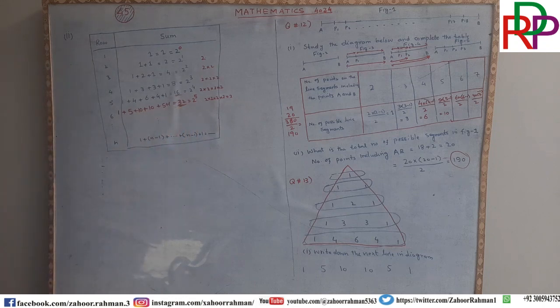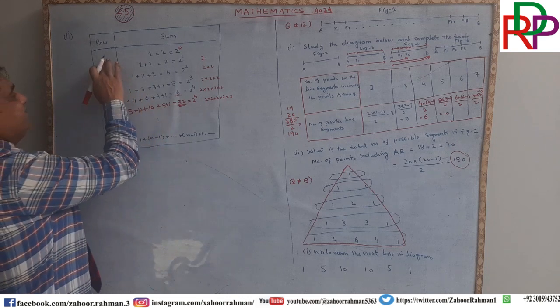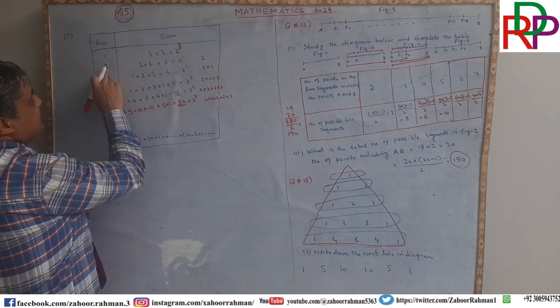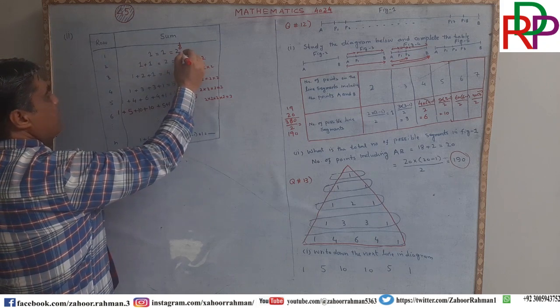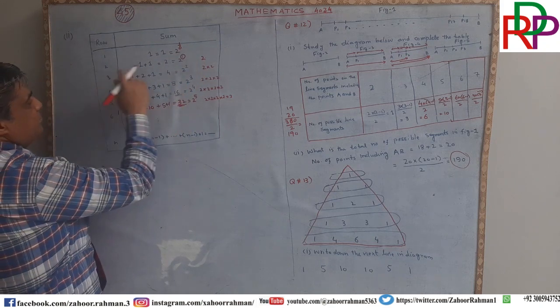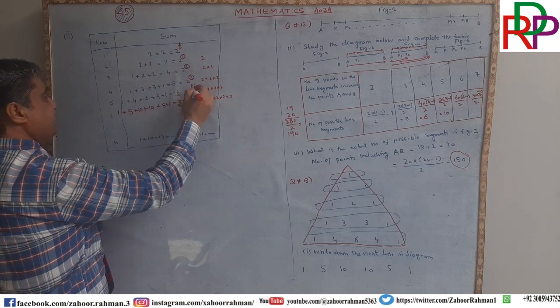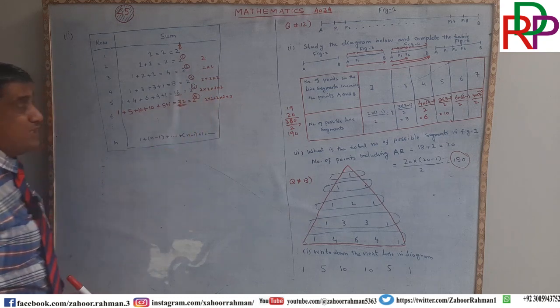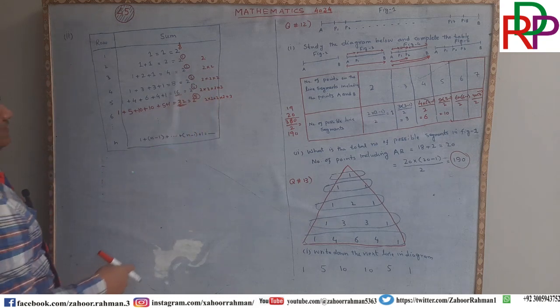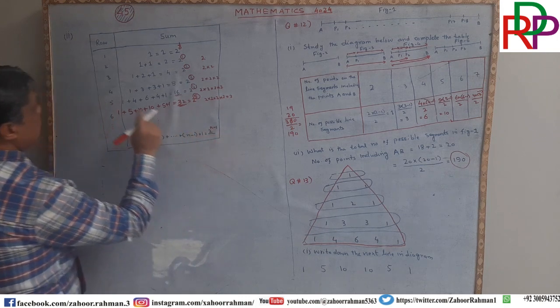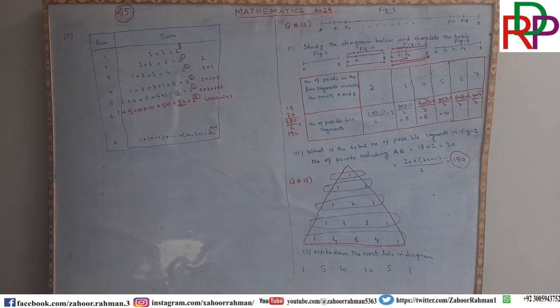Now, ladies and gentlemen, what we have to see actually is in the first row there is power 0. In the second row, there is a power 1. In the third row, there is a power 2. In the fourth, 3. In the fifth, 4. In the sixth, 5. What does it mean? It means that generally we can write 2 raised to the power n minus 1, where n is the row number.